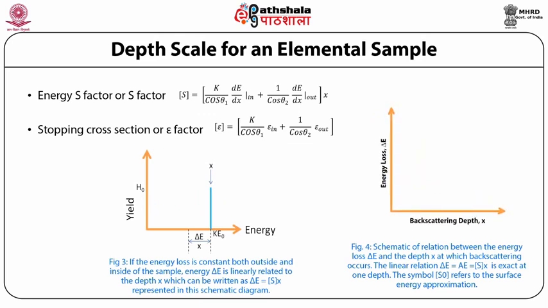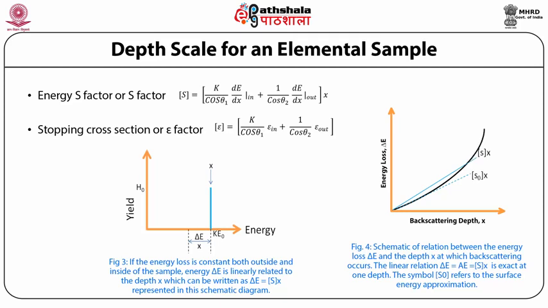If one introduces the symbol ΔE for the energy difference between E1 and KE0, that is ΔE = KE0 - E1, then ΔE = S multiplied by x, where S is the energy loss factor, or S factor, and can be written as S = [K/(cos θ1 (dE/dx) at the inward path) + 1/(cos θ2 (dE/dx) at the outward path)].